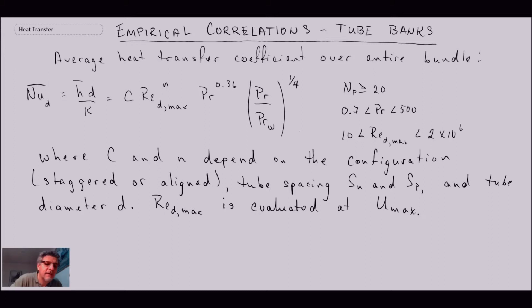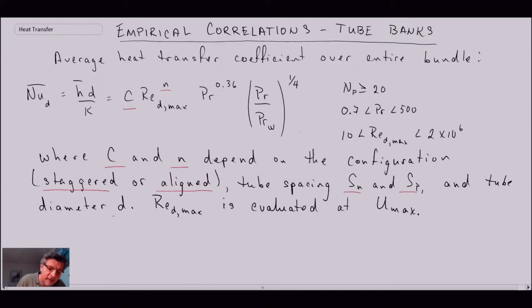Okay, so looking at this equation, we have C and N, and these we can obtain from tables, and the values are going to depend upon a number of different things. One, it's going to depend on the configuration, whether we have a staggered or an aligned tube bundle, which we saw in the previous segment. It will depend upon the spacing between the tubes in either the normal or parallel to the flow direction.